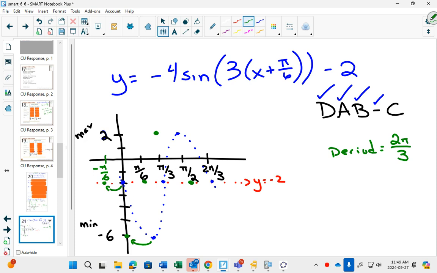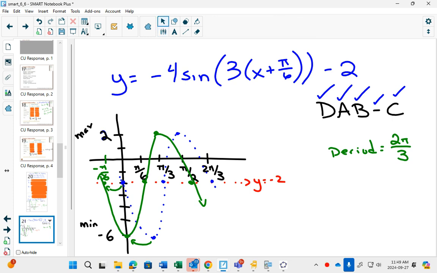Now we can draw our final graph with a solid line, with arrowheads on to say that it keeps on going. And that is the DABC technique.